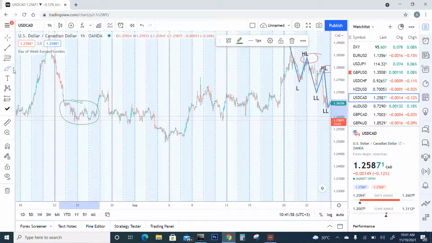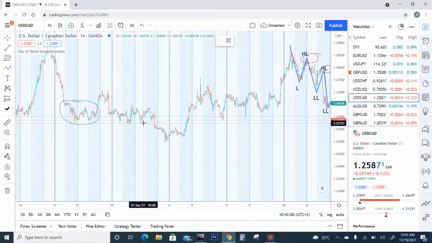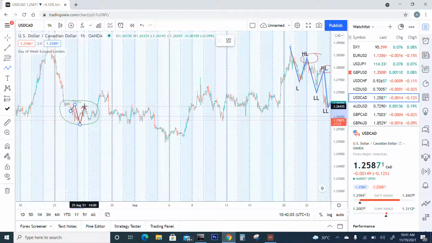What did the market do? The market was creating equilibrium highs and lows, moving sideways, then boom, moves up. When it's supposed to be moving down, the market comes and moves up. What did it come and do?